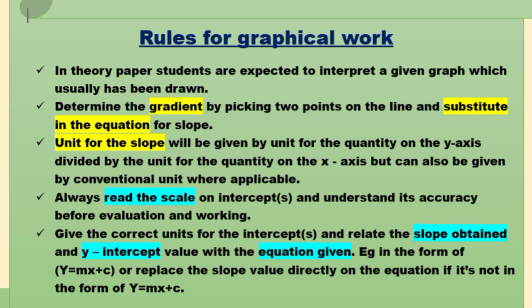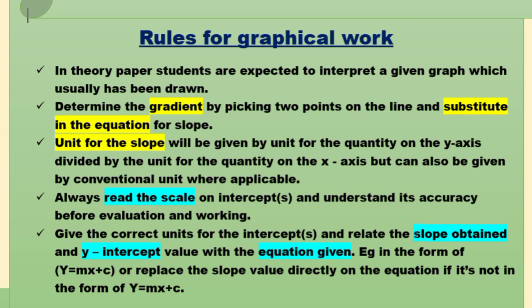Then always read the scale on intercepts and understand its accuracy before evaluation and working. Of course, before you interact with any scale, you must understand the accuracy of the scale. Is it 1 decimal place, 2 decimal places, and so on.